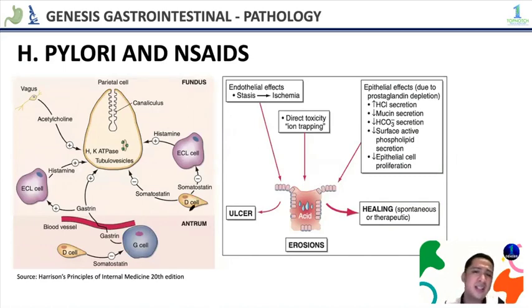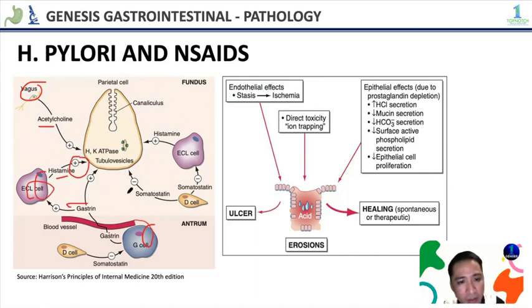Okay. This image just wants to show you the regulation of the hydrochloric acid production. Just remember your vagus nerve. We have your acetylcholine working on the level of the hydrogen potassium ATPase, together with histamine coming from the enterochromaffin-like cells, gastrin coming from the G cells that will elevate the level of your histamine.